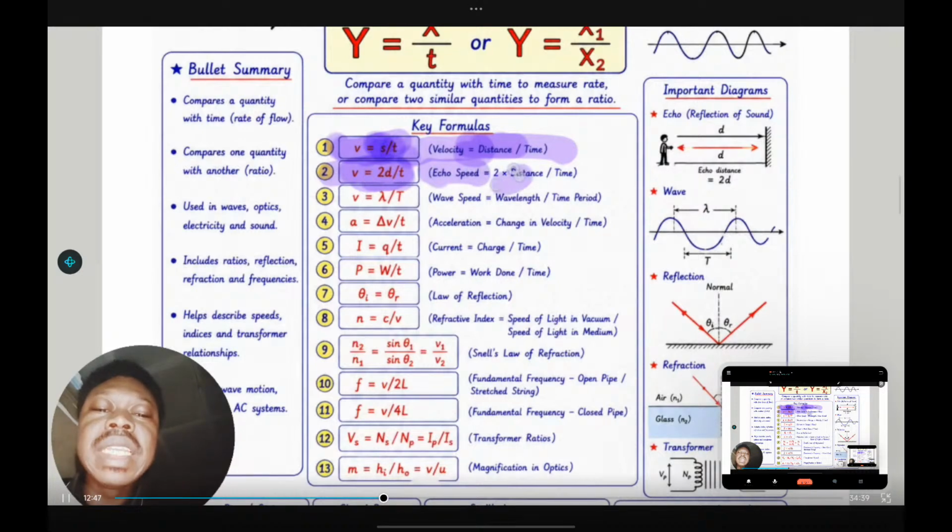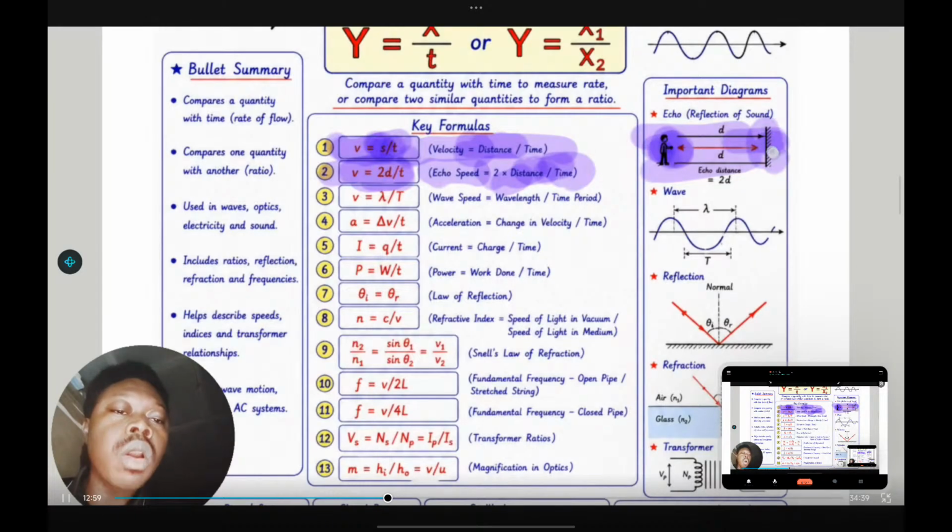For echo, we have distance divided by time, but the distance will be multiplied by 2. Why? Because from the position of the man to the wall is d, and once the sound travels this way, it will return this way. Hence we have d plus d, which gives you 2d, giving you a pictorial explanation of echo.